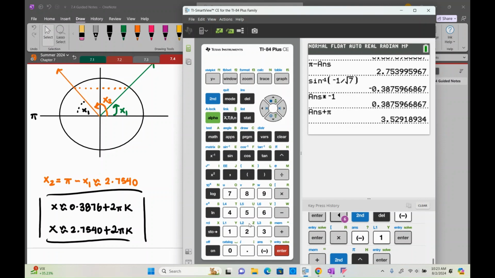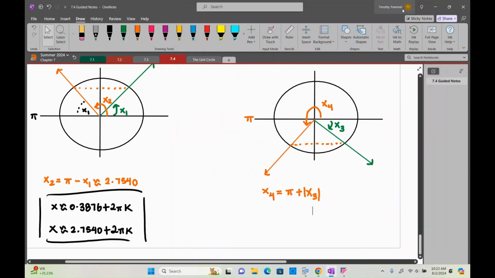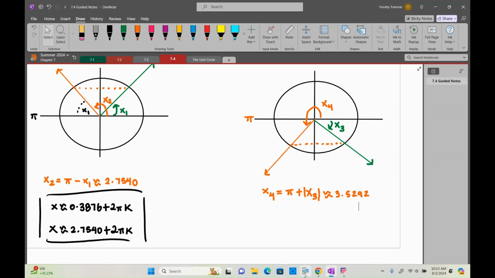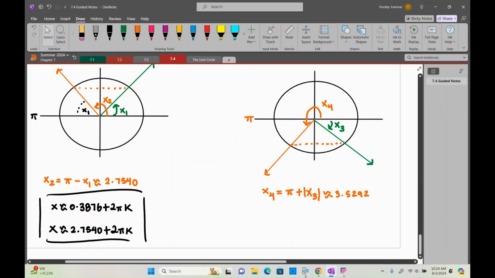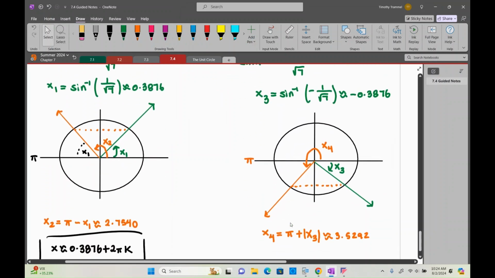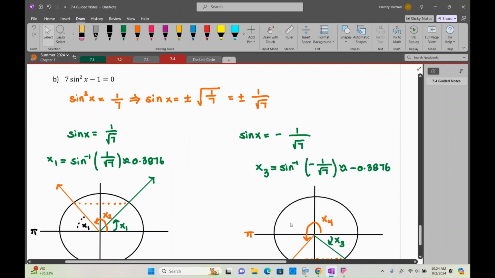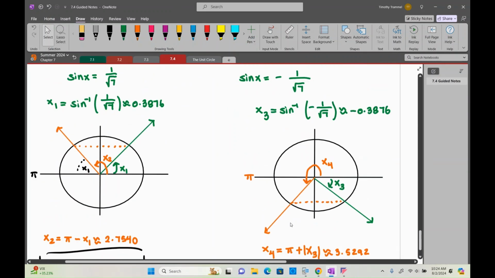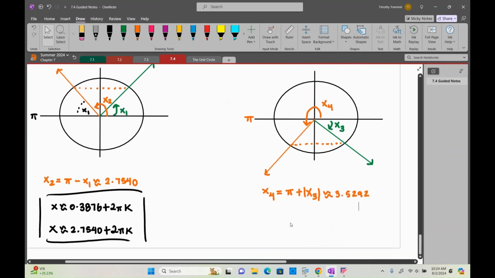And so we're getting here about 3.5292. Just double check that. Okay. So yeah, we're getting that. So now we have those two angles that we can add any multiple of 2 pi k to.